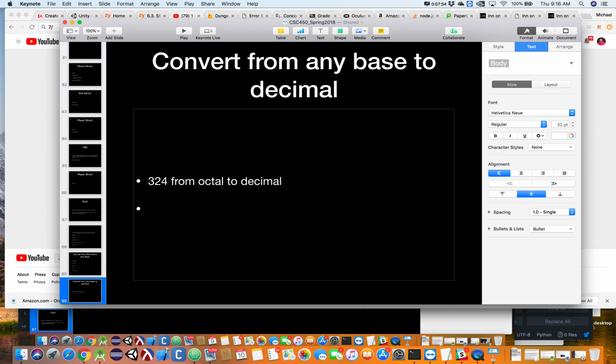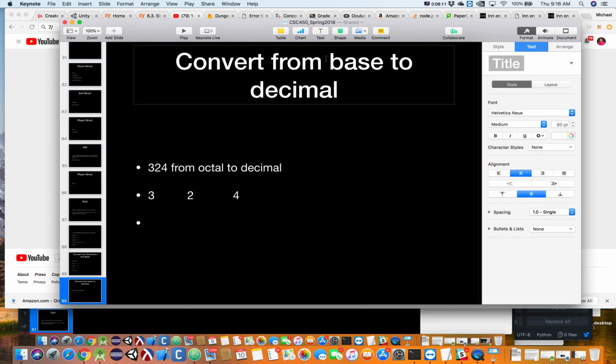All right, so what I'm going to do here is spread my numbers out a little bit, so you'll see how I'm doing this. Instead of from any base, I'm going to call it from base n to decimal.